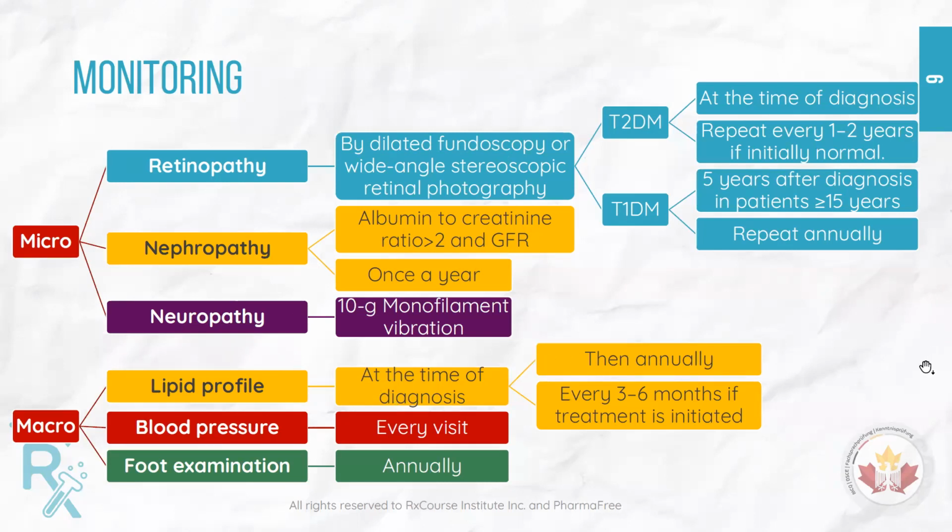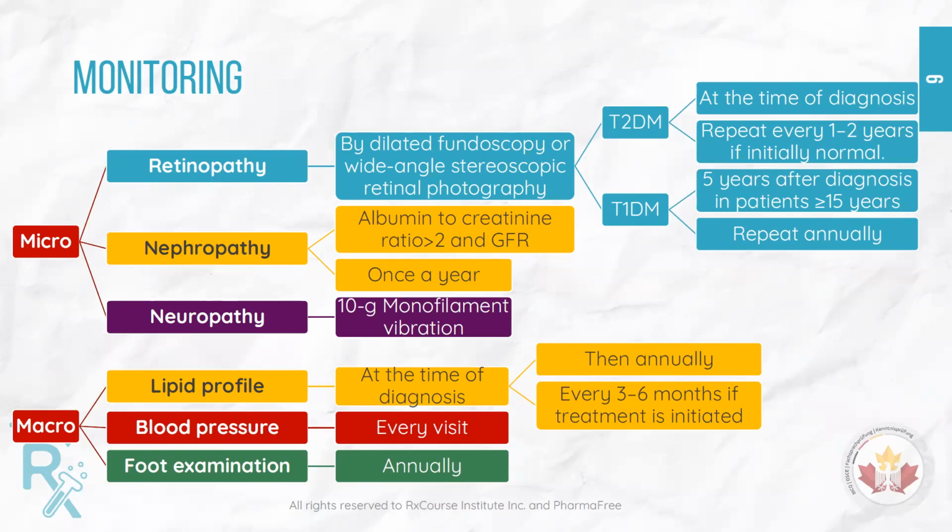And if we already started treatment for diabetes, because we don't have to start treatment in each diabetic patient, but if we started to give treatment already, we need to do the lipid profile screening every 3 to 6 months. Blood pressure has to be checked on every visit, and the patient has to have a machine at home. The foot examination is done annually by the doctor, but we need to ask the patient to check their foot every day.